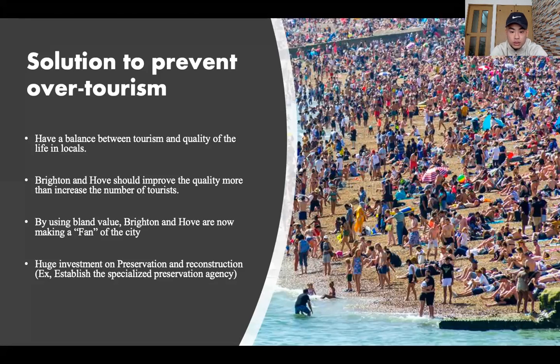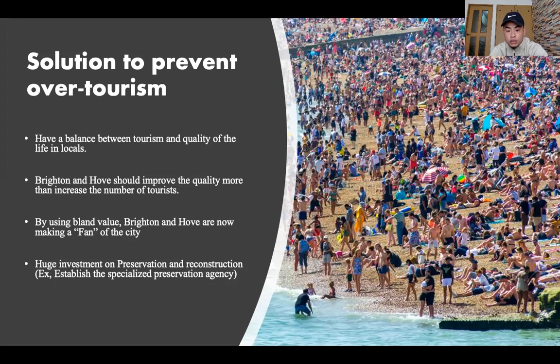It also revealed that coastal cities and rural heritage sites are the most vulnerable. That means over-tourism is almost happening in Brighton and Hove. Over-tourism might threaten landscape, natural heritage, and the quality of life of locals. It also leads to serious contamination.